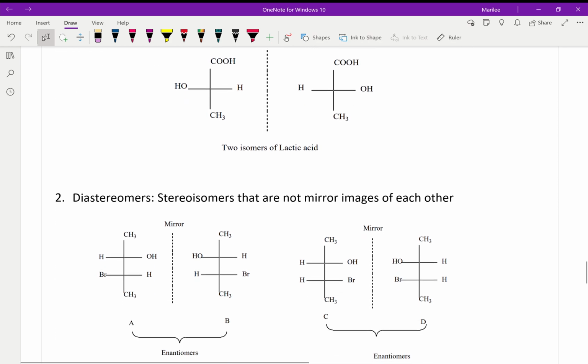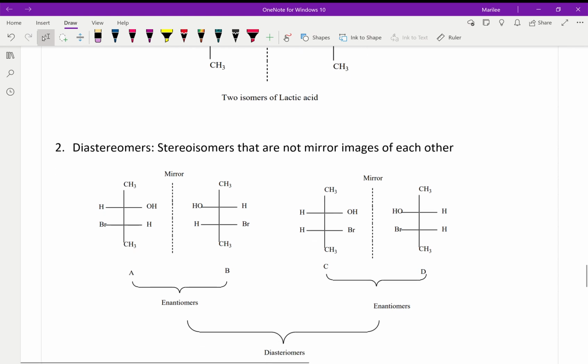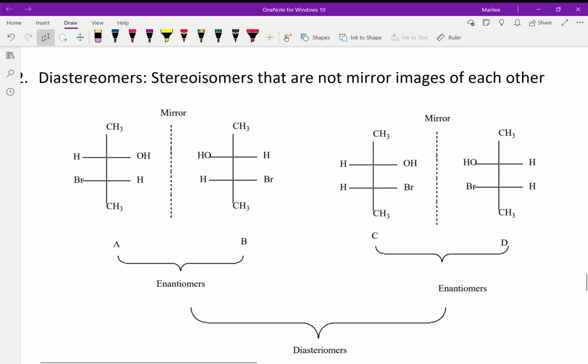Then we have our diastereomers, which are stereoisomers that are not mirror images of each other. Okay. So for here, remember the example I went over where we had the 2 chiral centers, right? So we have here 2 chiral centers.